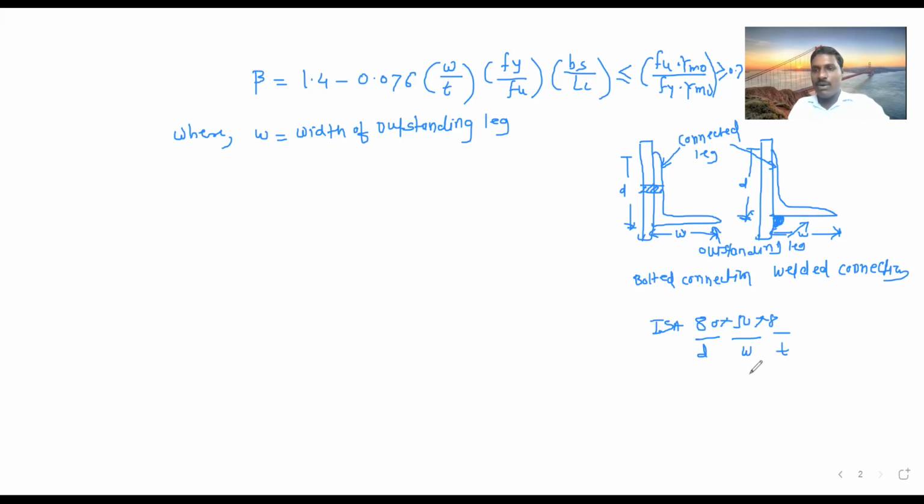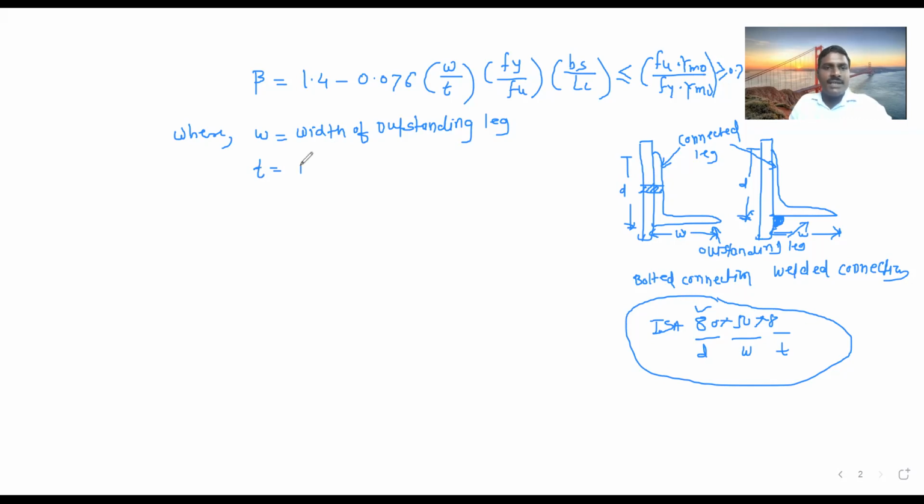How much is the width of the outstanding leg in this example? 50. There are three dimensions for angle: depth, width, and thickness. If the depth is connected to the gusset plate, then for the outstanding leg we have to see the width, and that value we put here as w. Got it, everyone?